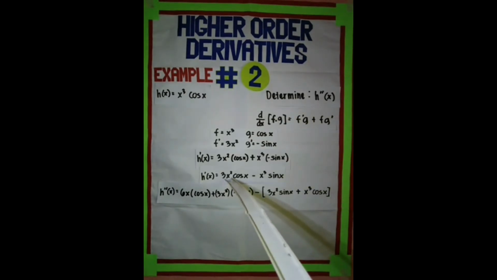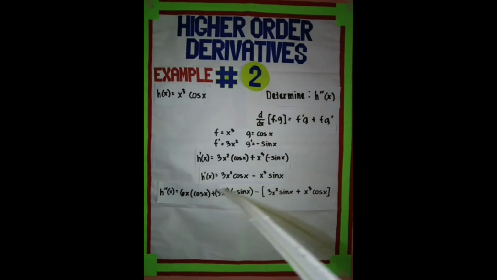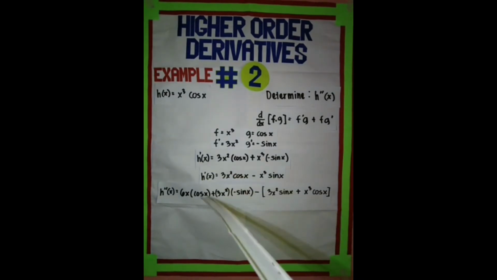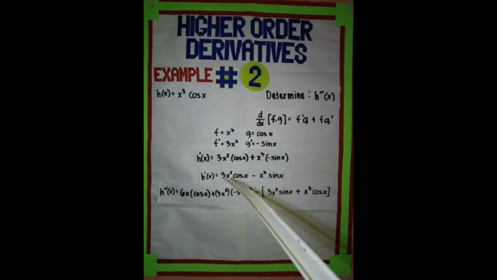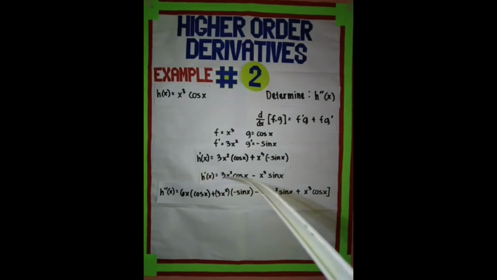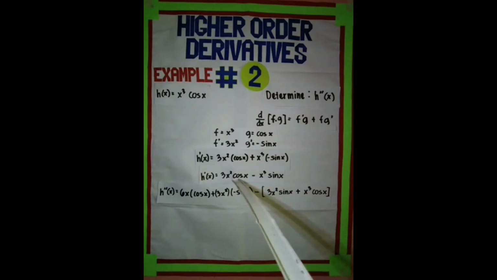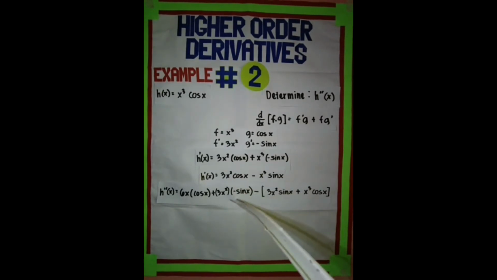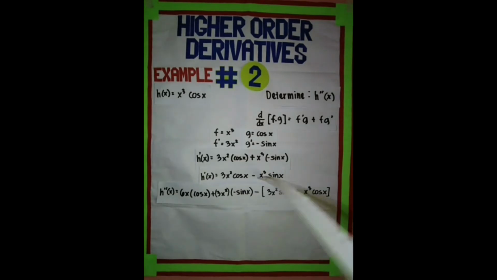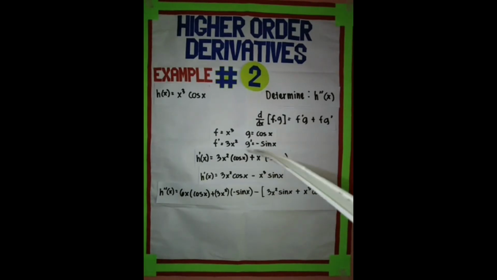So the derivative of 3x squared is 6x times the cosine x, plus the first part, 3x squared, times the derivative of the second part, the derivative of cosine x, which is negative sine x, minus the derivative of the first part, 3x squared, times the second part, sine x, plus the first part, x cubed, times the derivative of the second part, which is cosine x.